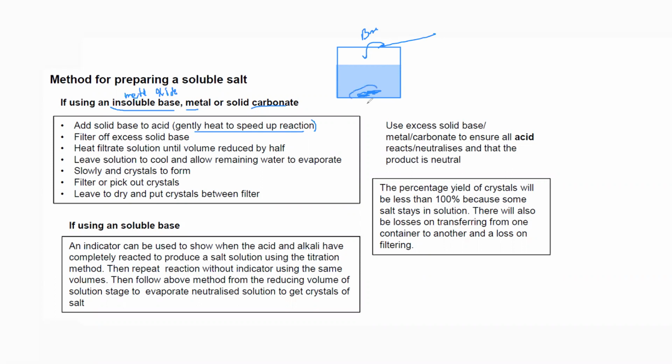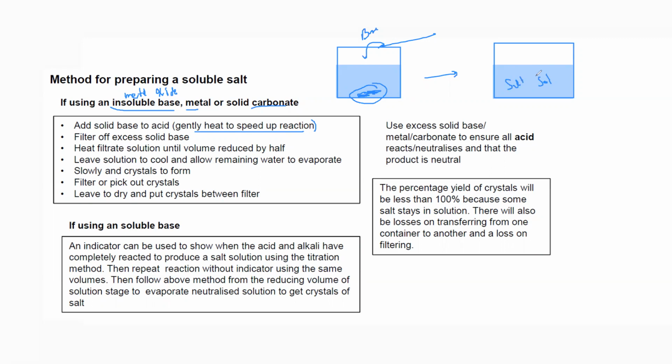After removing it by filtration, what are we left with? We are left with a salt solution. Then there are two methods to obtain a salt from the solution, either evaporate or do crystallization.